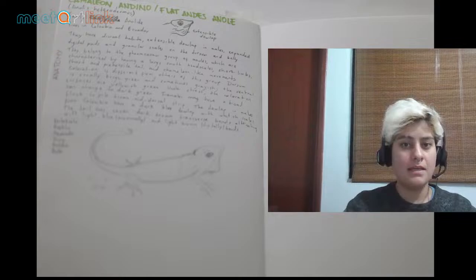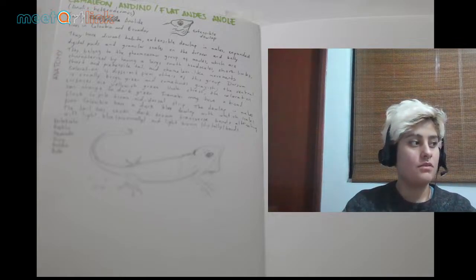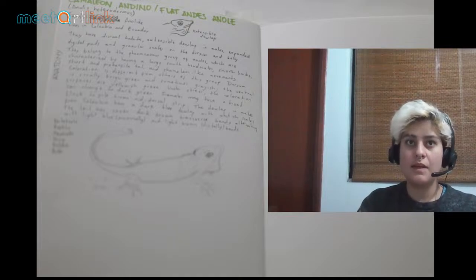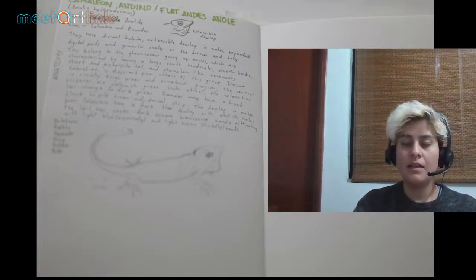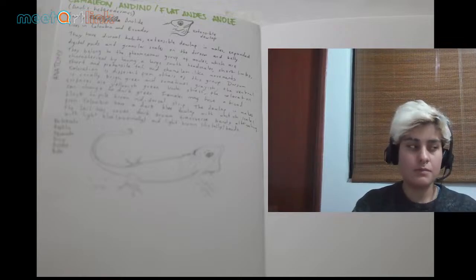And in this case, it comes together to the coloration. That's one of the differences. The female of this species can have a lighter green, and the male can have a more bluish or grayish color.